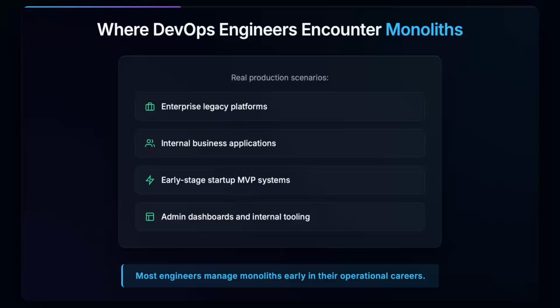So, first point is enterprise legacy platforms. For example, a company using their application for the past 20 or maybe 30 years and doesn't want to migrate it to microservice architecture because they don't want to disturb the current running status of that particular platform, or the cost to migrate is way bigger than the feasibility, right? The next point is internal business applications.